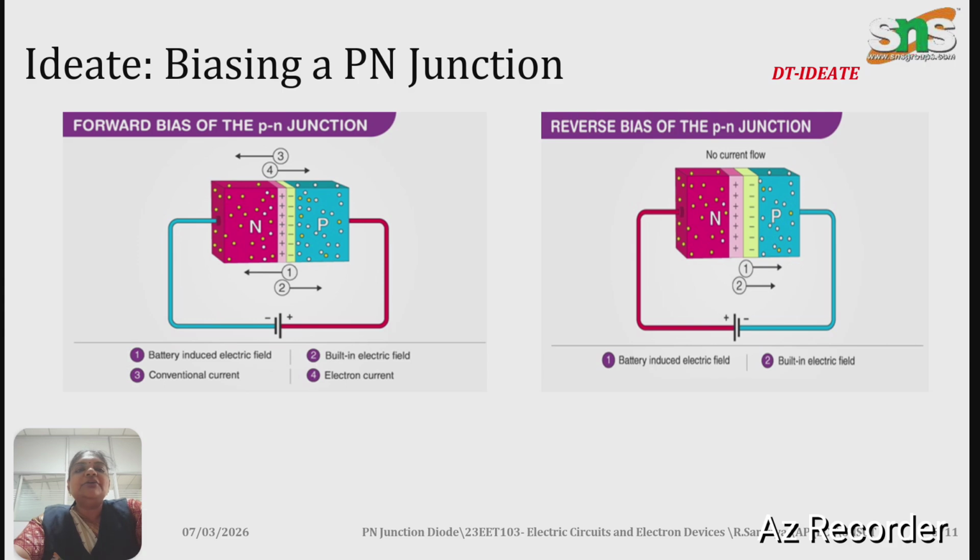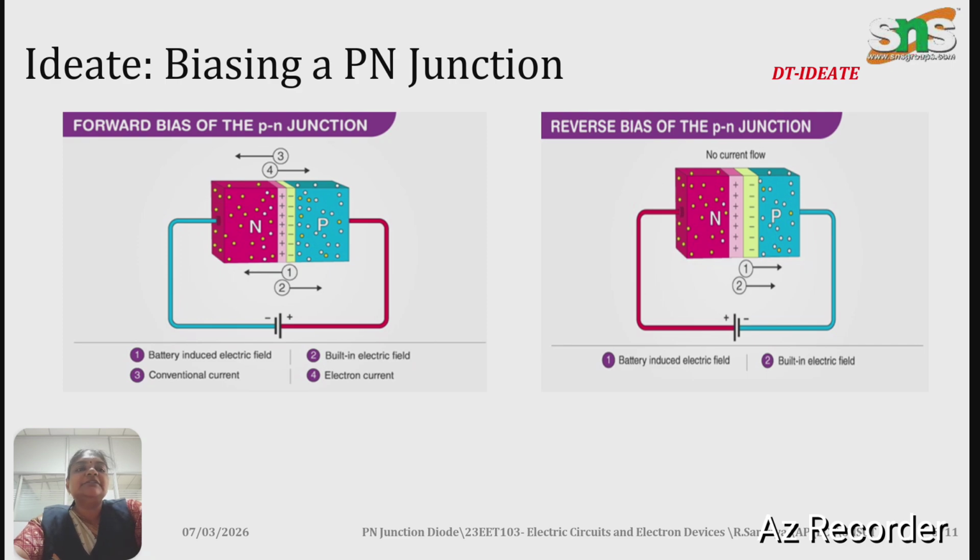The battery induces an electric field, and the electrons and holes move towards each other to form the depletion layer. The depletion layer is very thin, so the electric current flow will be very high in the case of forward biasing.